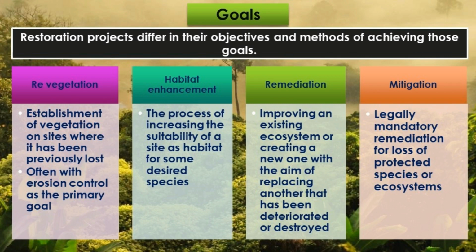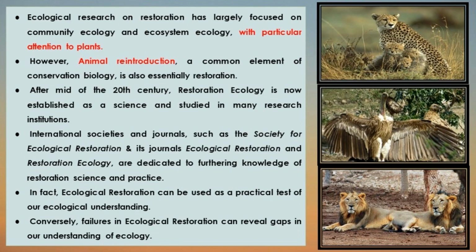Habitat enhancement is the process of increasing the suitability of a site as a habitat for some desired species. Remediation is improving an existing ecosystem or creating a new one with the aim of replacing another that has been destroyed or deteriorated. Mitigation is legally mandatory: the loss of protected species or ecosystems should be restored.